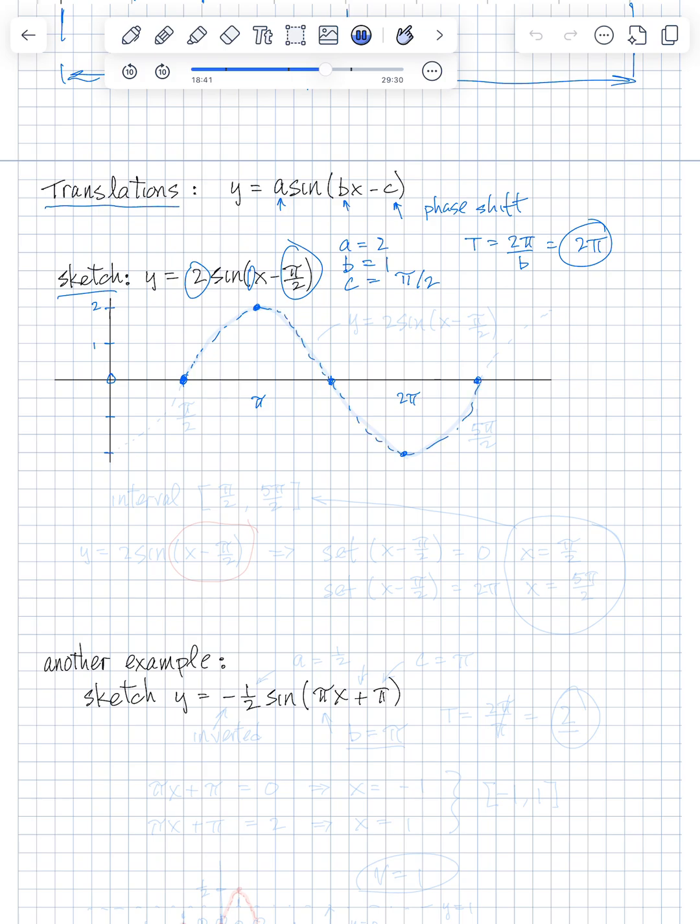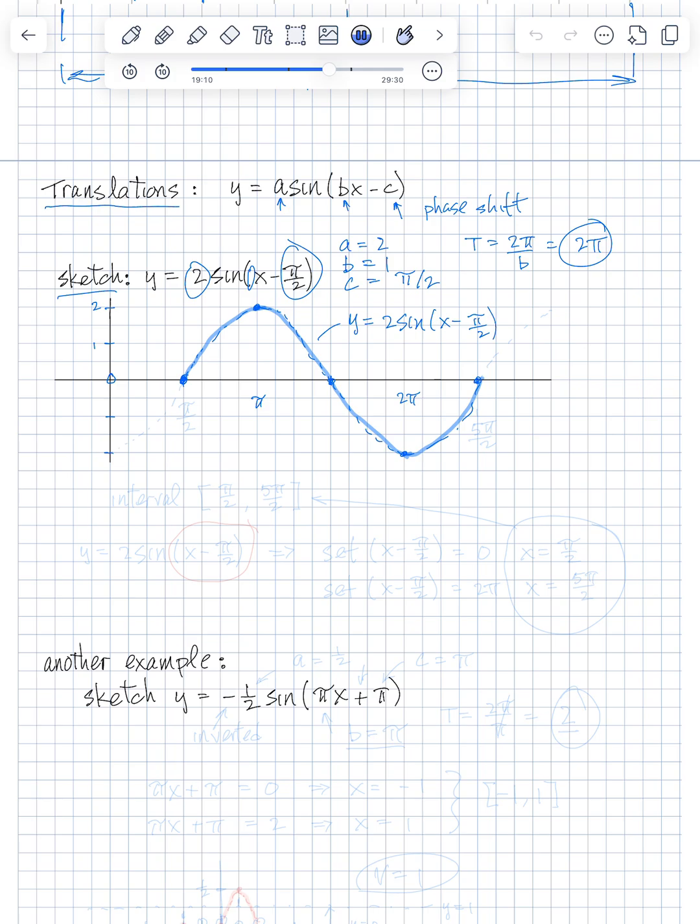Okay, now I can go and fill it in a little bit better if I want to. So here is one period of y is equal to 2 sine of x minus pi over 2.